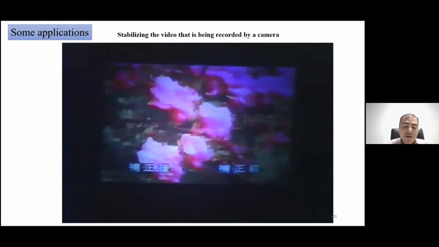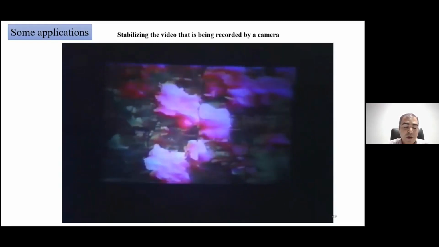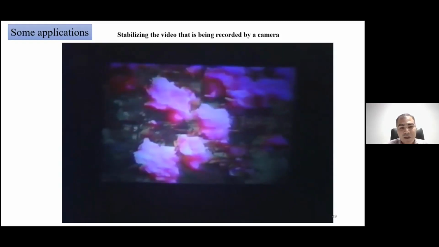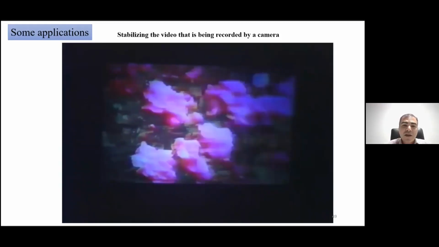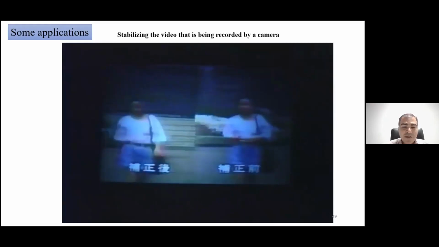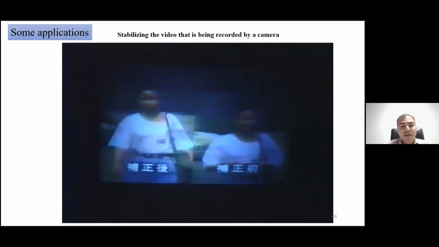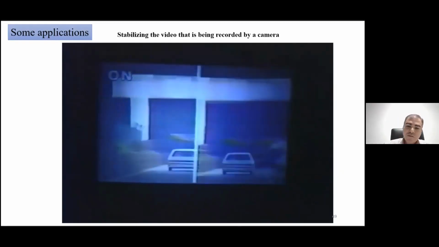On your left hand you can see the performance of the stabilizer when it is on, and this is a fuzzy system that stabilizes the video being recorded, and in the right hand side the stabilizer is off.